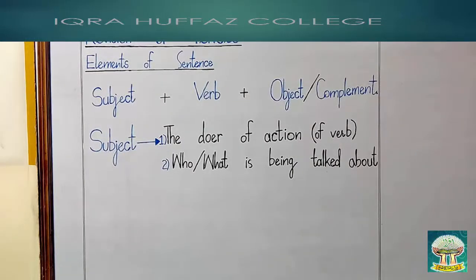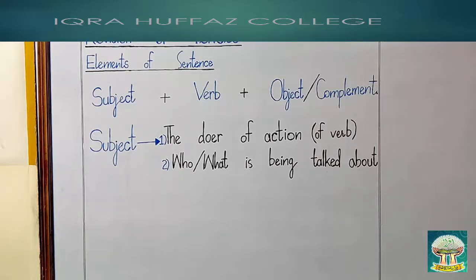The doer of action of a verb. The first definition of the subject, the doer of action of verb, means whatever action takes place in the verb of a sentence is performed by either somebody or something.